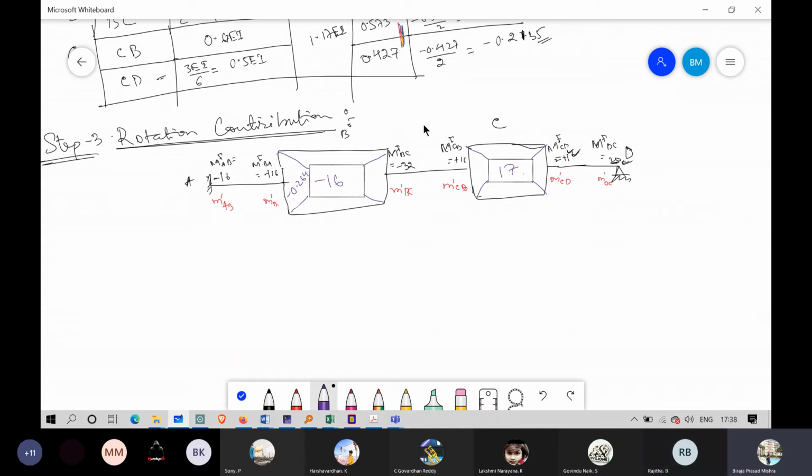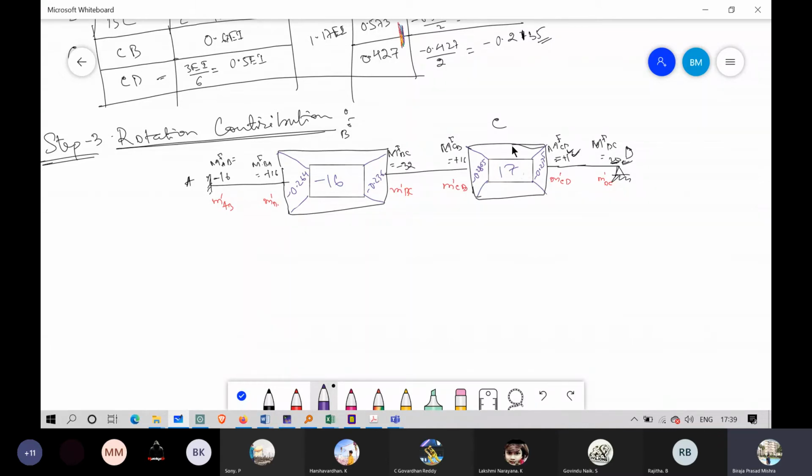Minus 0.264, and this is minus 0.236. This will be minus 0.2865, and this will be minus 0.2135. Okay, so I hope everything is written here.